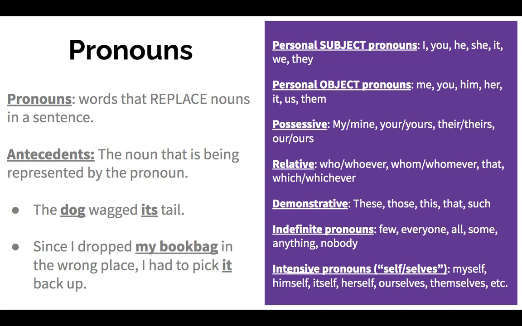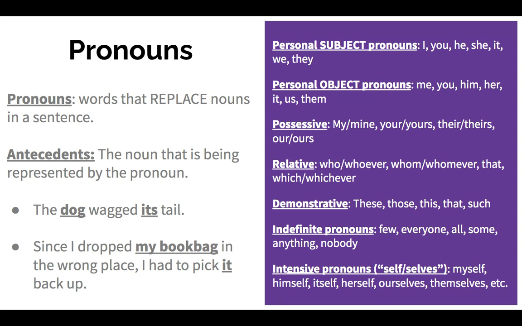You can also call these personal pronouns. Some people just take out the subject altogether and call it personal. But you have I, you, he, she, it, we, and they. Okay? Again, these are the pronouns that are the subject, meaning that they do the action of a sentence. So I play, you play, he, she, it plays, we play, and they play.